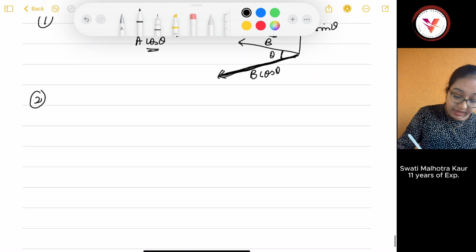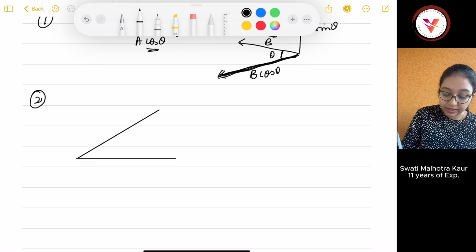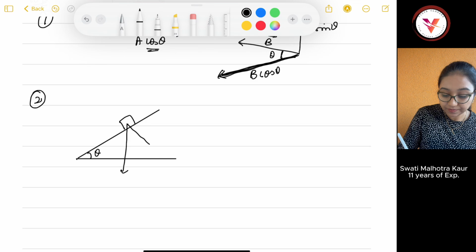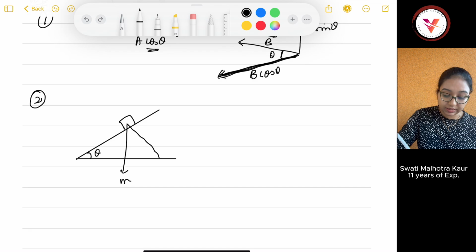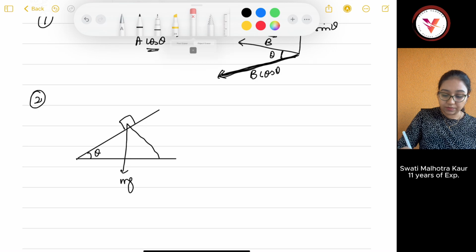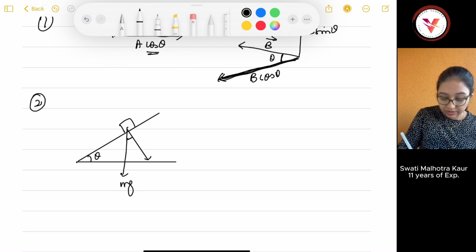Okay, first thing is this: always take cos theta with the line which makes the angle theta with the vector. Second thing is, if you work with a wedge, you will do that when you learn Newton's laws. Let's say an object is here and the wedge is making an angle theta. When you resolve that, you always have to remember, this is mg, the force which is downward. We will learn that. If you make a perpendicular here, then this angle is always theta.